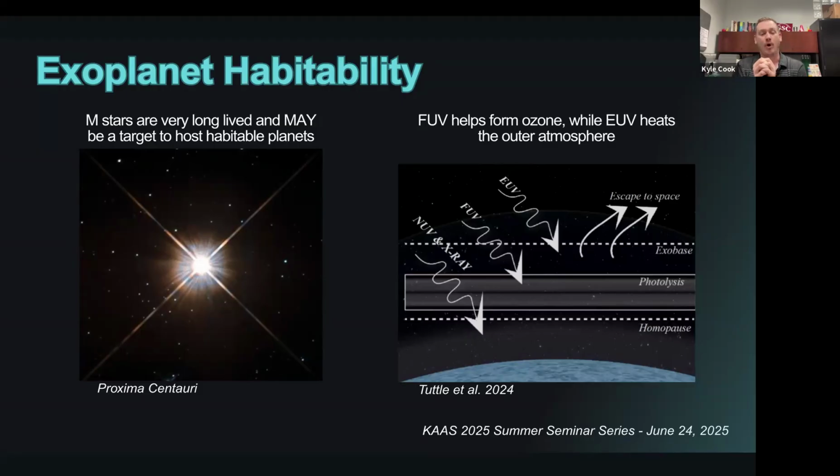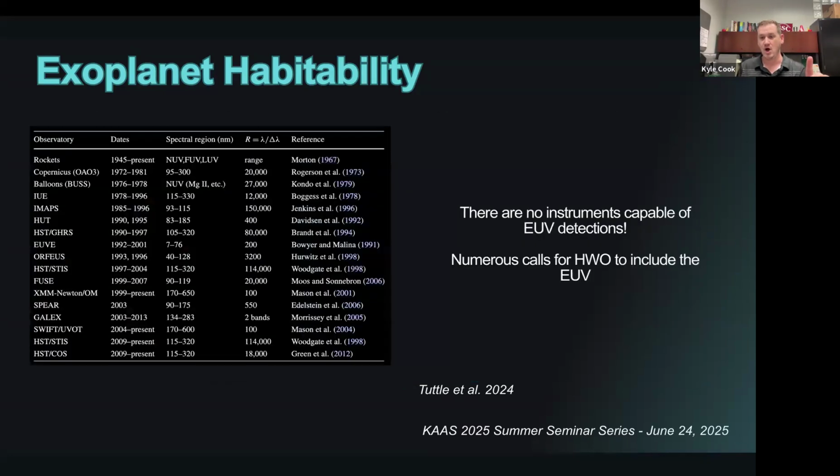And there are problems with doing that. There are some technological hurdles. There is also extinction issues. But we do have a subset of M stars that would be great to observe. But there are no extreme UV instruments capable.